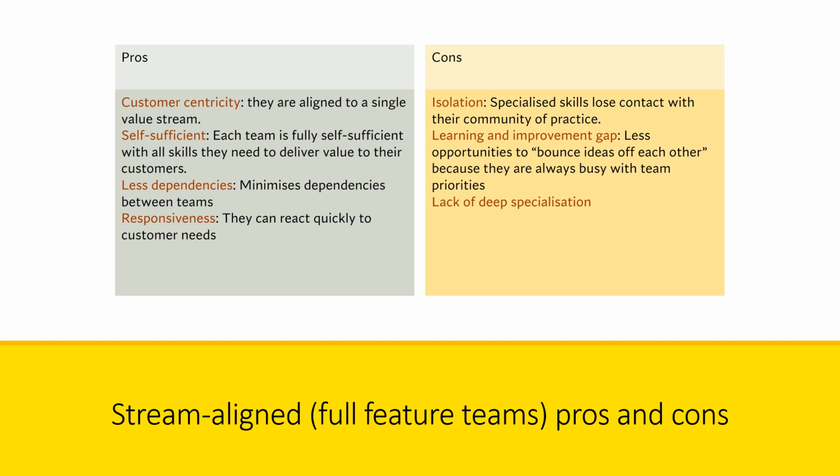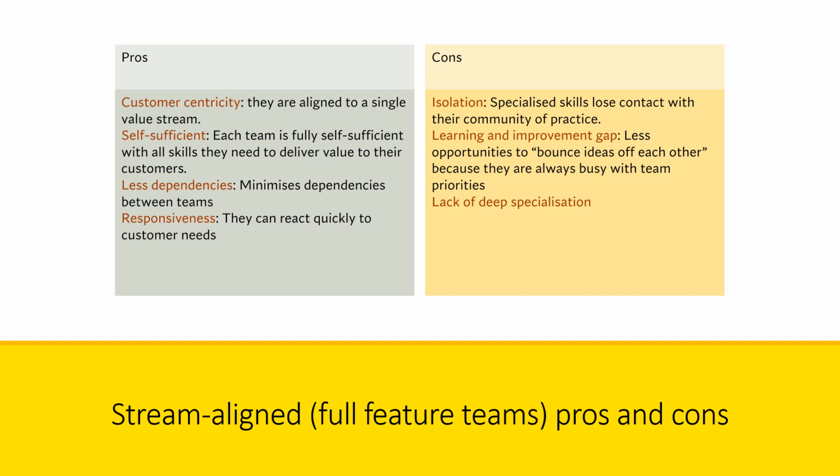They basically know their requirements inside out, and they are focused on that group of end users. The second pro is that they're self-sufficient, right? They don't need to rely on any other team to deliver outcomes to their customers.